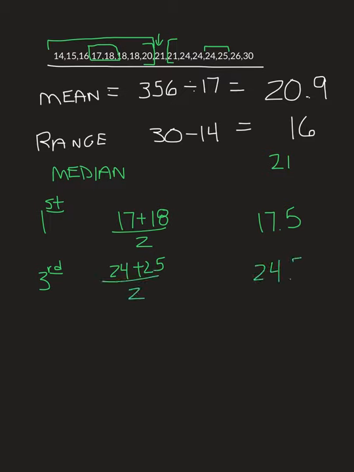So in this case, I get an upper quartile of 24.5, which means my 5-number summary is my minimum, 14, my lower quartile, 17.5, my median, 21, my upper quartile, 24.5, and my maximum, 30.